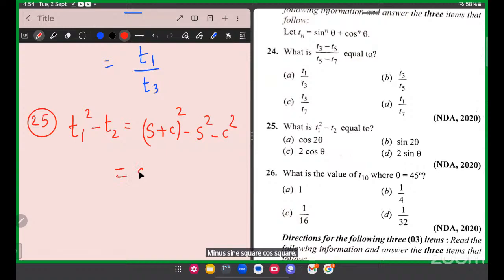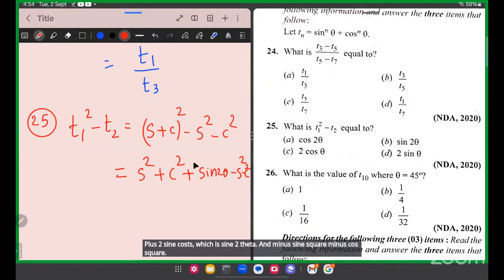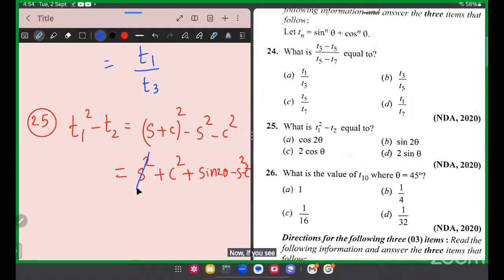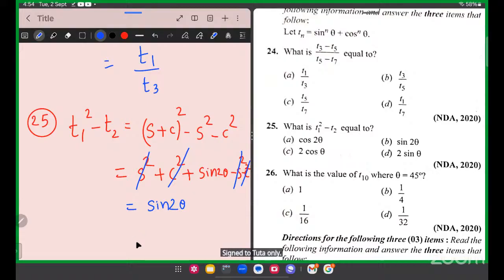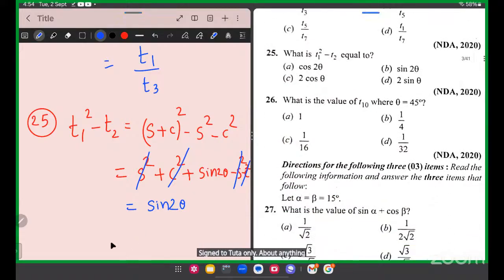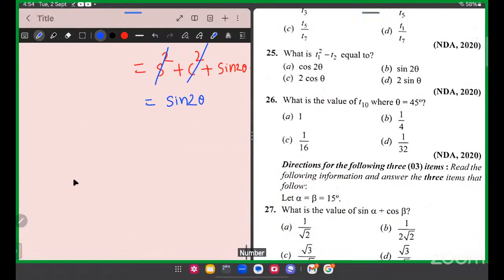So it is sine square plus cos square plus 2 sine cos, which is sine 2 theta, and minus sine square minus cos square. Now if you see, sine square and minus sine square will get cancelled. Cos square minus cos square will get cancelled. So we are left with sine 2 theta only. Very easy.